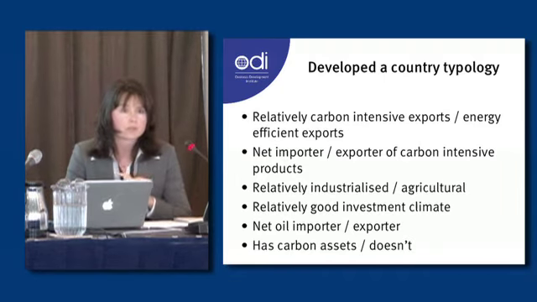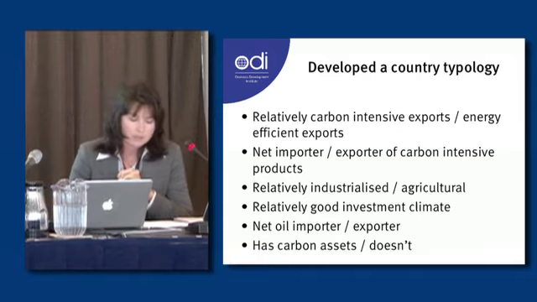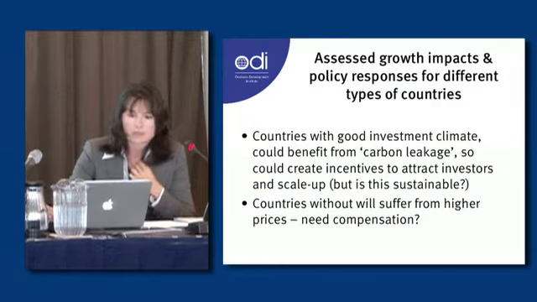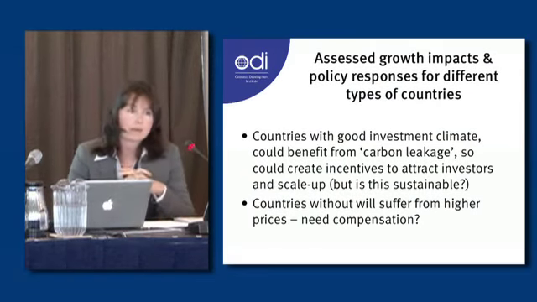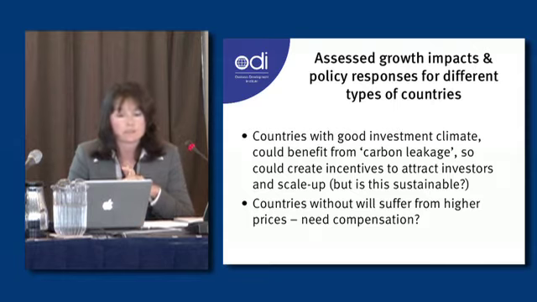There's a whole range of dimensions which will determine the impact of these policies on those countries. So we divided countries up according to these classifications, and then we assessed the growth impacts and policy responses for each of these different types of countries.